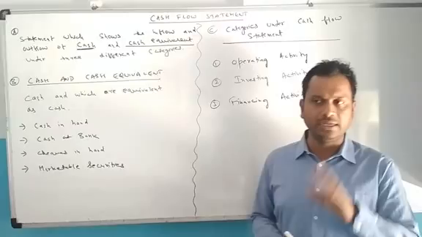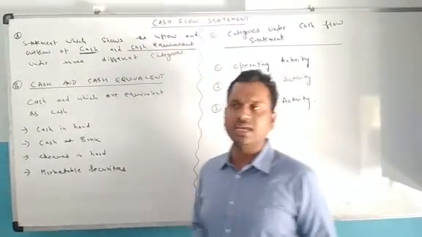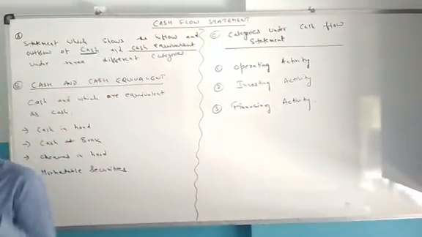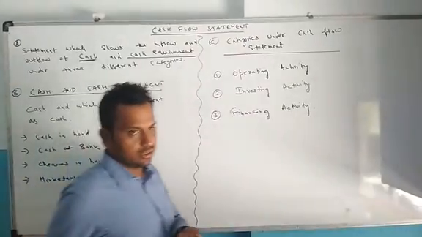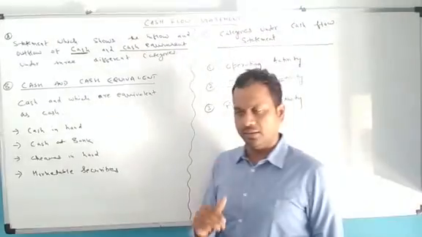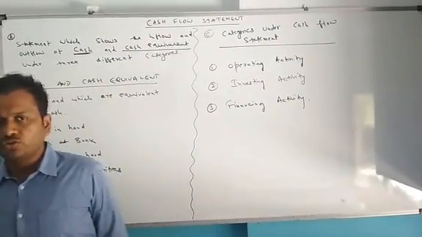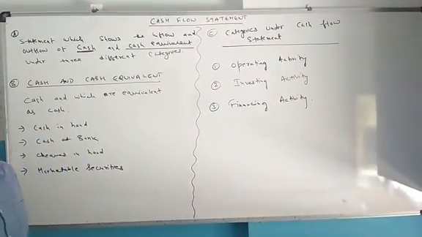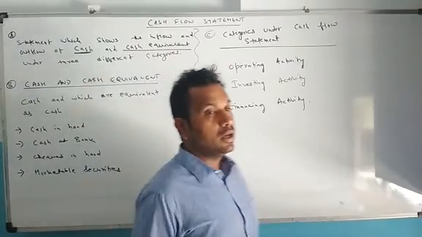Now, every time I am using the words without losing value, what does that mean? Say, for example, a land or a building is not like cash and cash equivalent. Why? That can also be used for making transactions. But what happens? Say you need some money and you have a land. Now what do you have to do? First you have to sell that land because we are not following a barter system.